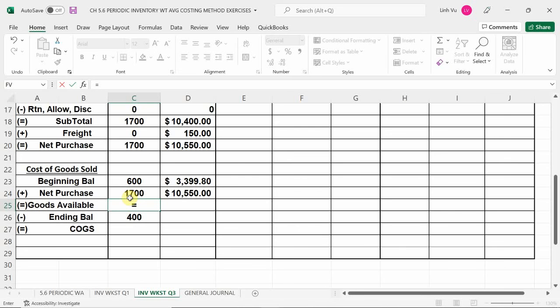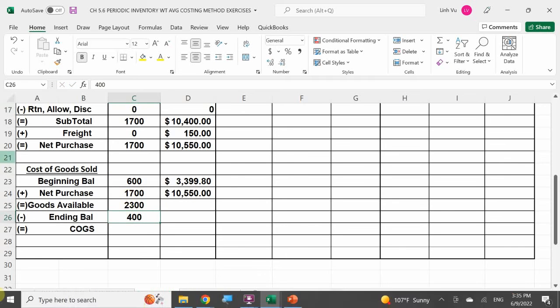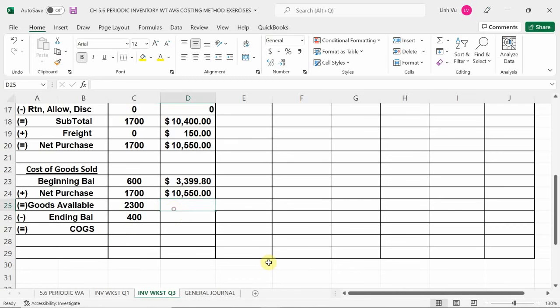We have 2,300 pieces at a grand total cost of $13,949.80. Excellent. So this is where I can go ahead and solve for my average cost per item, because now this is my grand total cost, and this is my grand total quantity.